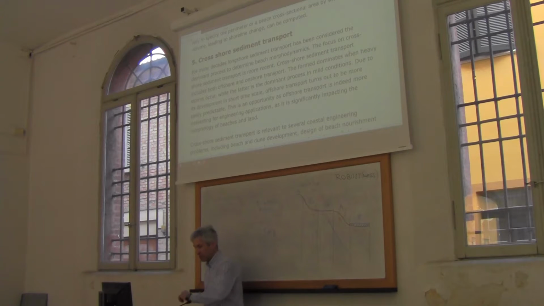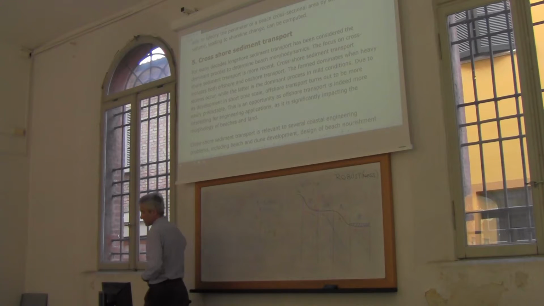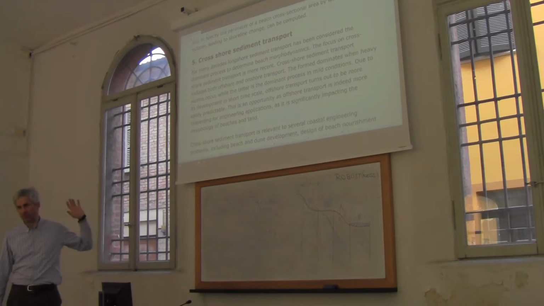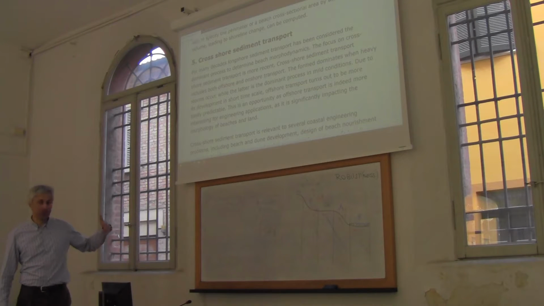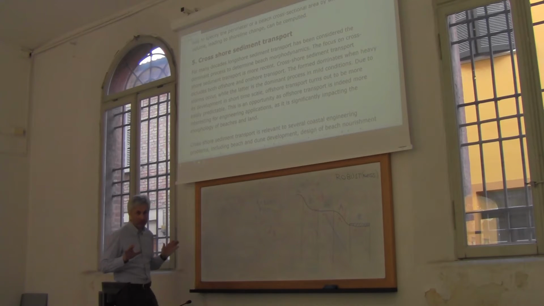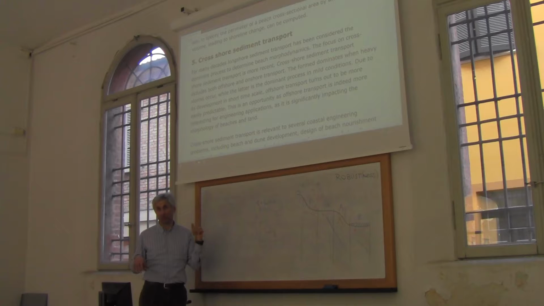I will adopt a completely different approach because I will just mention to you a couple of empirical relationships, and then I will just make a descriptive treatment. So don't be concerned, cross-shore sediment transport will be much easier for you to follow.